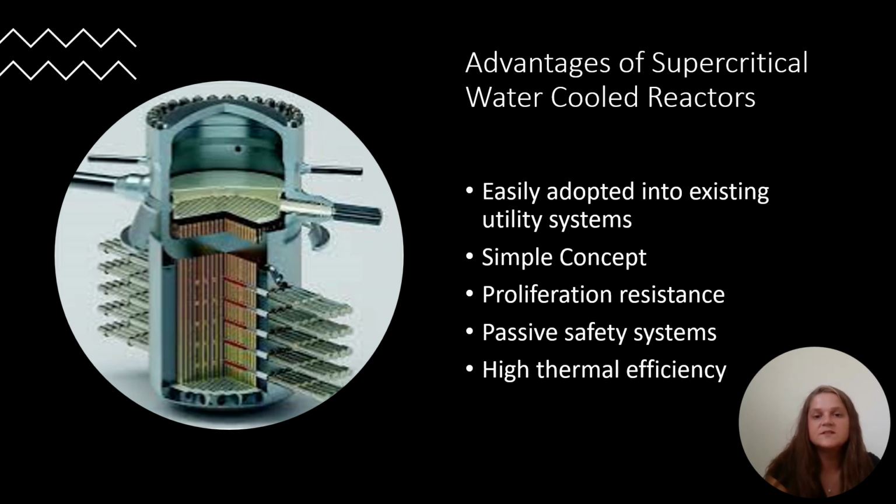There are advantages of safeguard and proliferation resistance. The passive safety systems are as good or better than existing nuclear reactors, and they have higher thermal efficiency than the current fleet of nuclear reactors. This reduces fuel utilization and waste stream, which improves the overall sustainability.